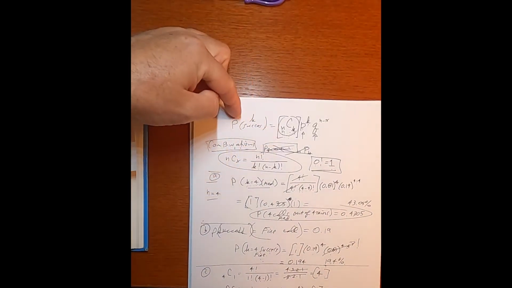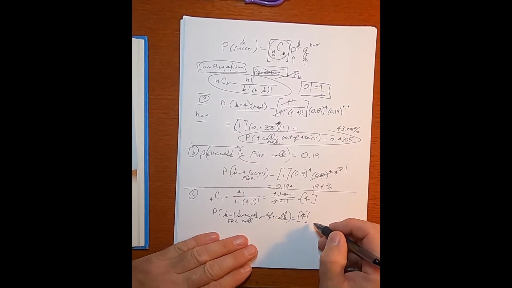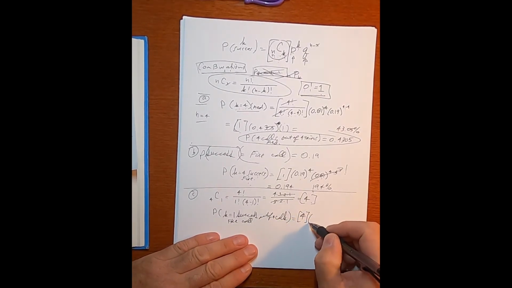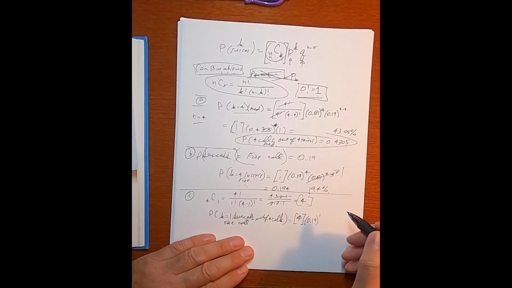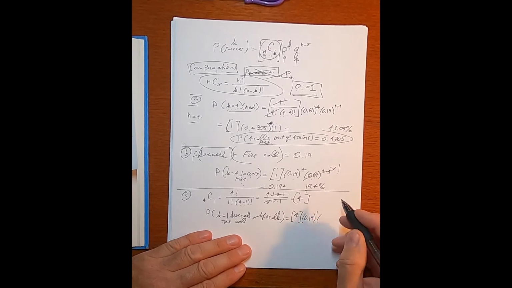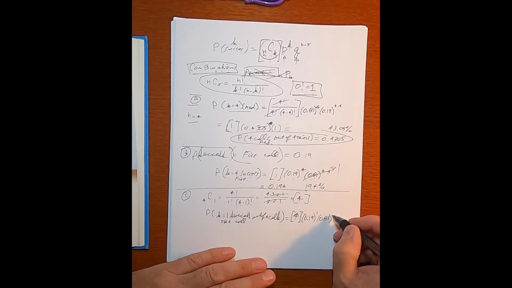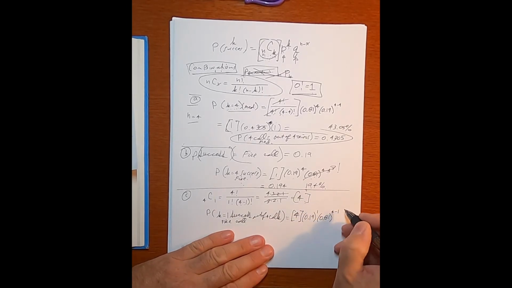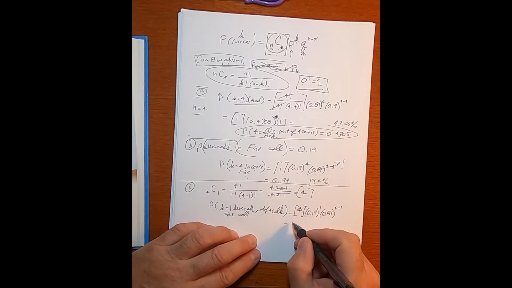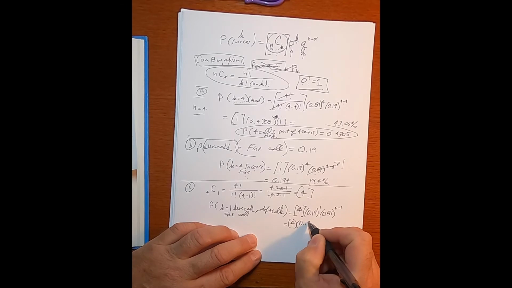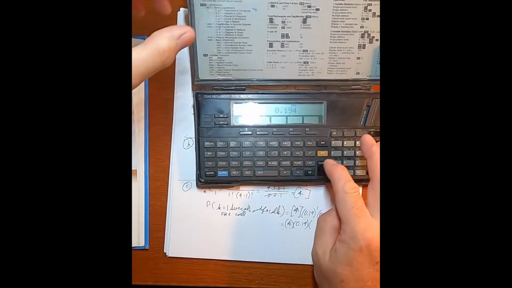Looking at the formula, the counter's 4, and then we have the probability of success, 0.19 raised to the 1 power, since k is 1 here. And then we have the probability of failure, 0.81 raised to the 4 minus 1, so the 3rd power. So this would be 4 times 0.19 and whatever that number is. So let's see what we get here.